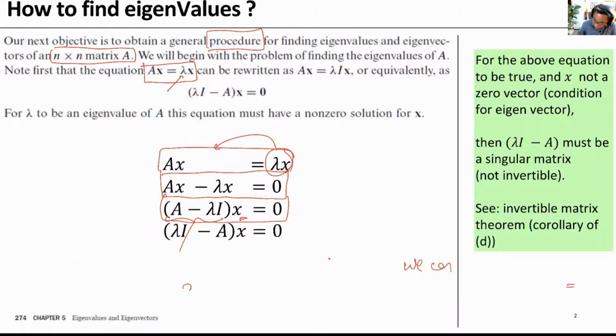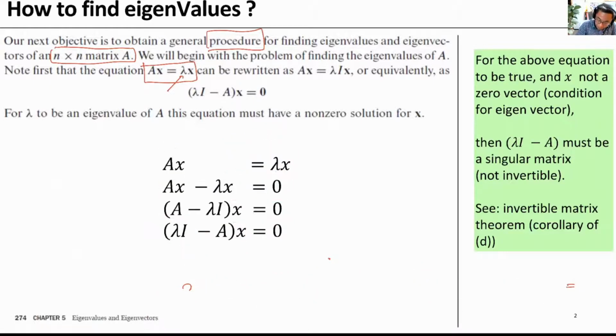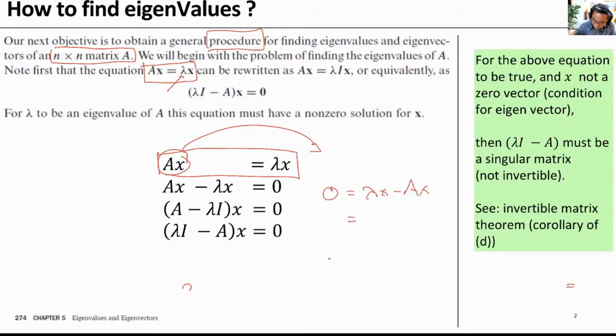Now we could have gone the other way around. We could have moved this to the right hand side, so it will be 0 equals lambda x minus Ax, and then we can write lambda times I times x minus Ax, and then lambda I minus A times x equals 0, which is the last equation.